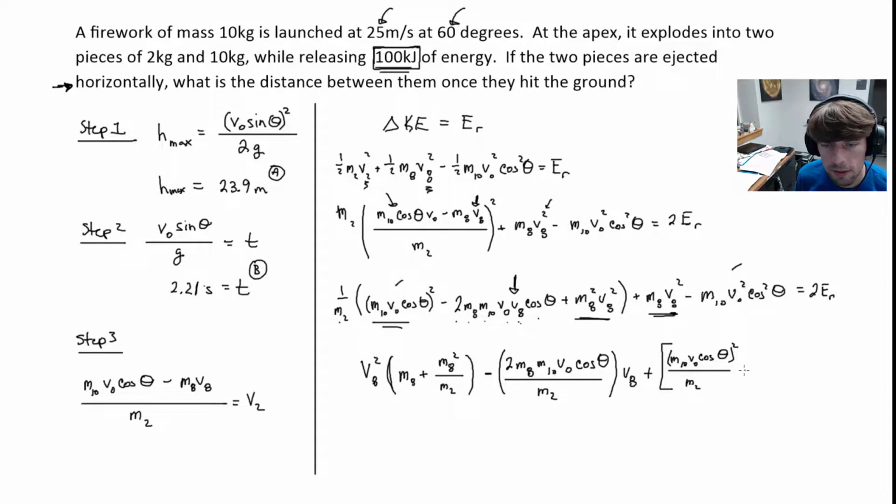We've got that piece minus m10 v naught squared cosine squared of theta, and then we've got this piece minus 2ER equals 0.